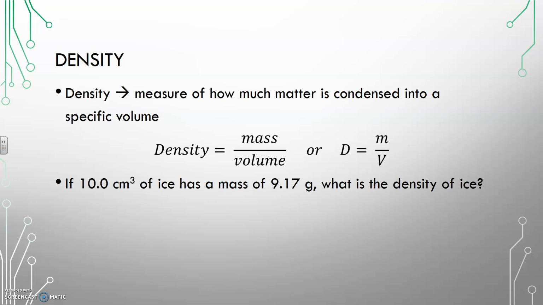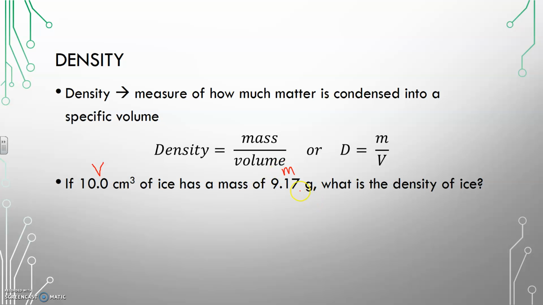If you have 10 centimeters cubed, which is a volume of ice, and it has a mass of 9.17 grams, what is the density of the ice? For this, you've got your volume here, and this is your mass.